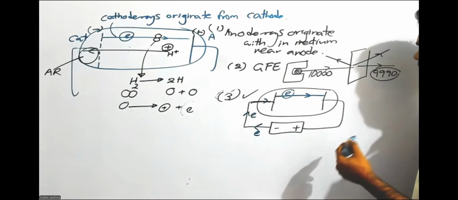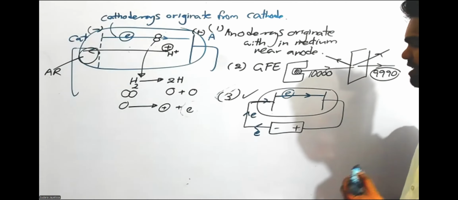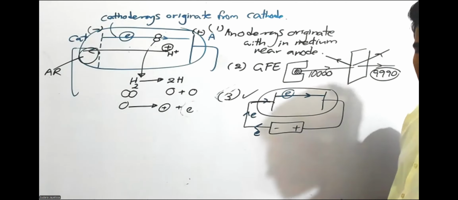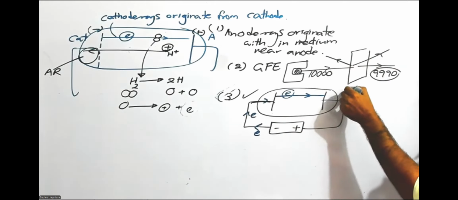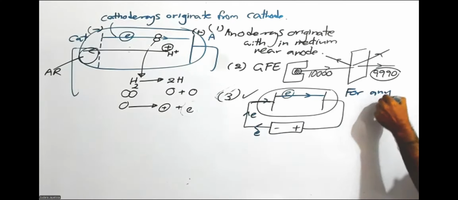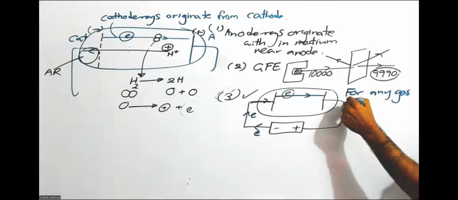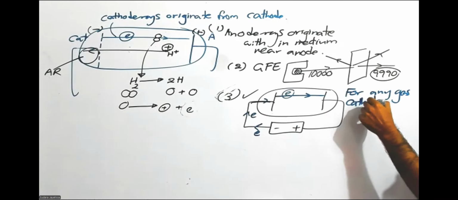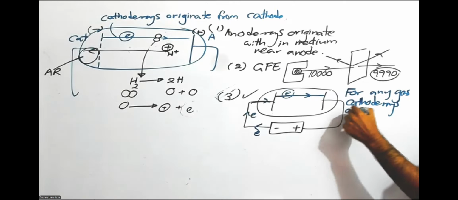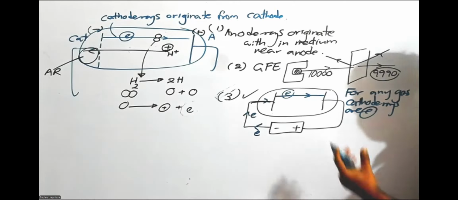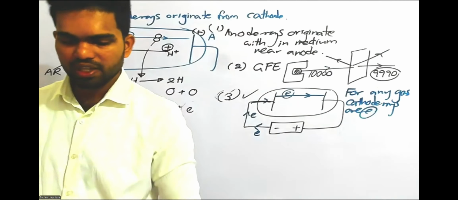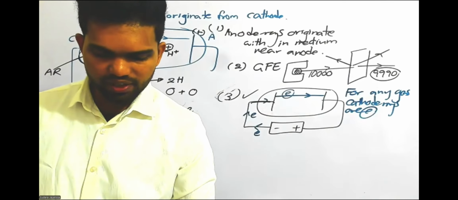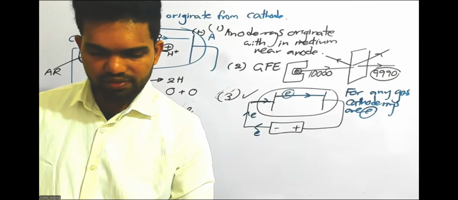So no matter what gas you put into this tube, cathode rays are always electrons. So you can say for any gas, cathode rays are electrons, and they move from cathode to anode. Right, so that's the explanation of the third one. That is our answer. Now let's see why the fourth and fifth are also wrong.